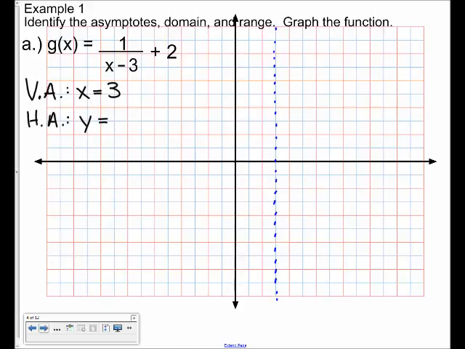No, it's always 1. So if this is never 0, then what y value am I never going to have? I'm never going to have 0 plus 2, because I'll never have 0 here. So I'll never have what number? I'll never have 2. So that is the other asymptote. y equals 2. So whatever number is out there, that's another asymptote. So I go to the y-axis, and I go to 2, and I put a horizontal dotted line.